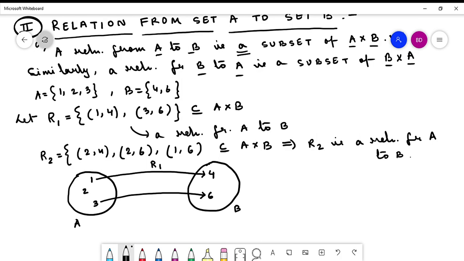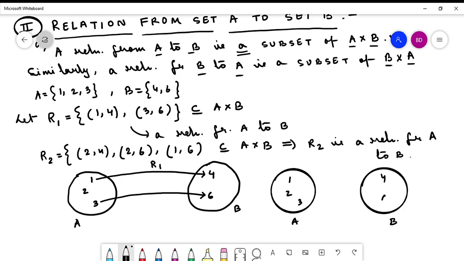Similarly, if I want to show relation R2, suppose this is A, this is B, with 1, 2, 3, 4 and 6. Relation R2 is 2 to 4, then 2 to 6 and then 1 to 6.